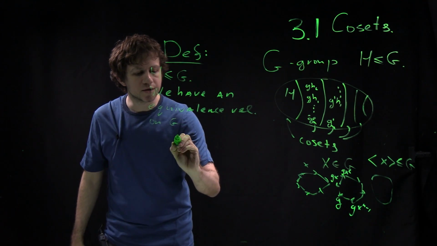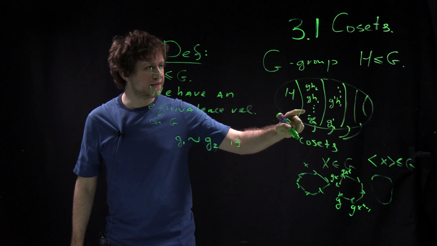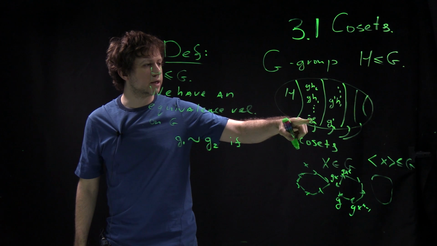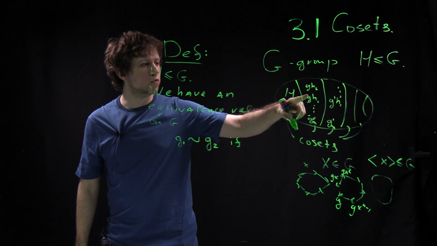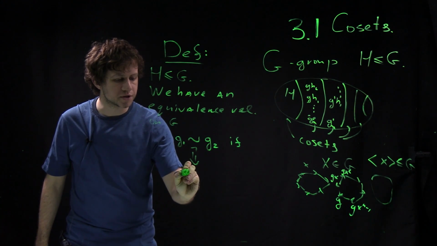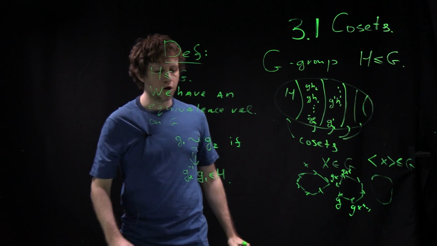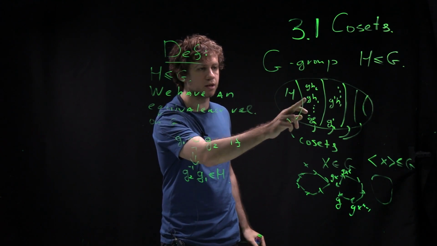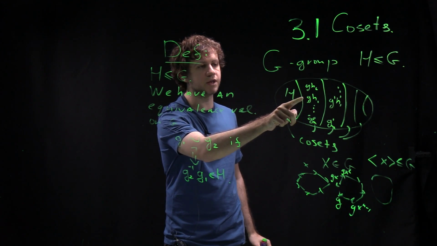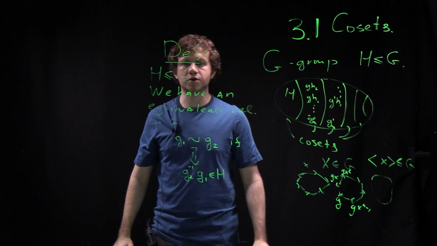I say that g1 is equivalent to g2 if I want them to be in the same coset, and being in the same coset means that g2 inverse g1 is inside H. What it means is that if you take g2 inverse, multiply on g1, you will get an element of your subgroup.